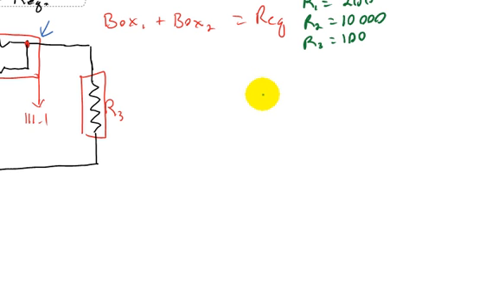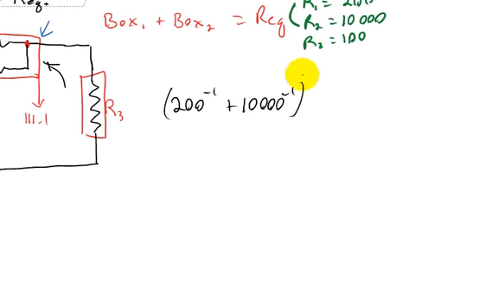I'm at about 10 minutes now, so I'll do this real quick. I'm just going to find these two are in parallel together, which is, again, this red box right here that you can barely see. For R1 and R2, it would be 200 to the negative 1 plus 10,000 to the negative 1, all to the negative 1, and let's just see our answer. I'm not even going to worry about R3 because of time.